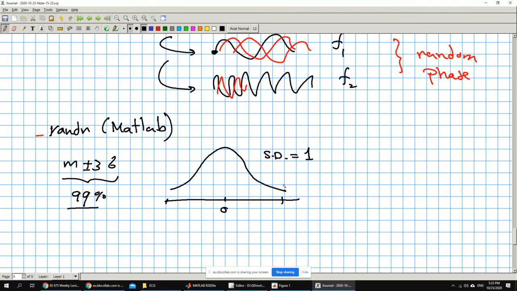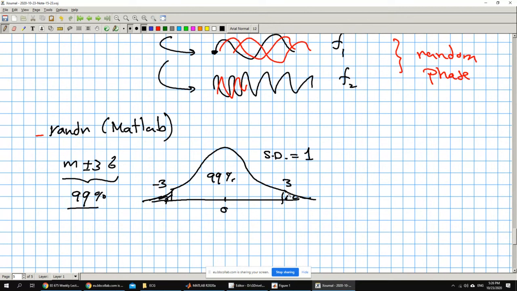So if you go to 3 and minus 3, you have almost 99% of the curve. The remaining part here and here is very small. It accounts for only 1%. So I expect the numbers to be between minus 3 and 3, which is almost minus pi to pi.